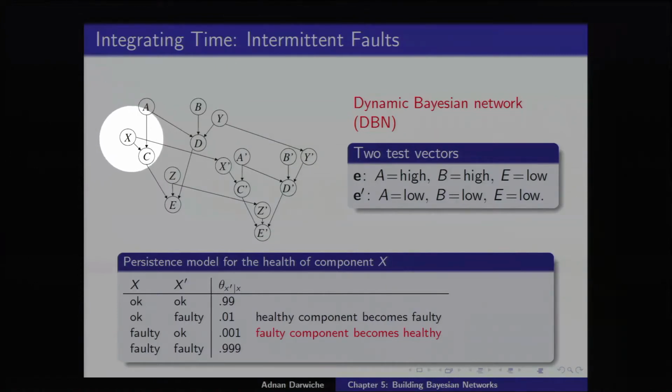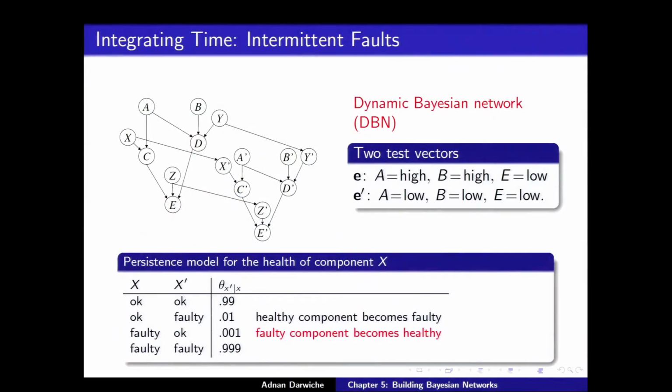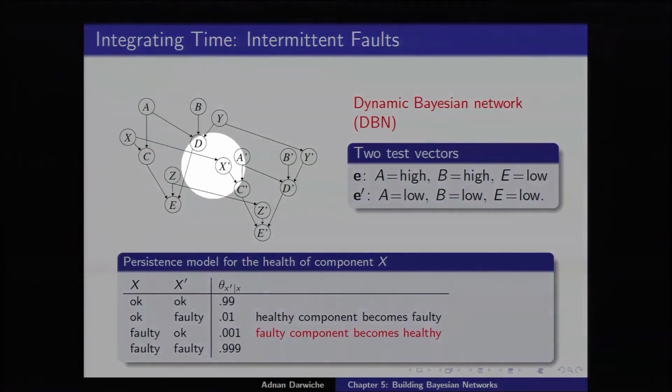And when we do this, then we need more information now in the model. Realize in the previous version, we didn't have to add any more information. Our CPTs were just as is from the single slice version. If we use this particular one, now we need CPTs for the X prime and the Y prime and Z prime. And what do these look like?